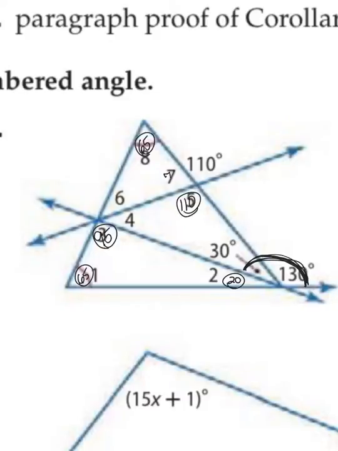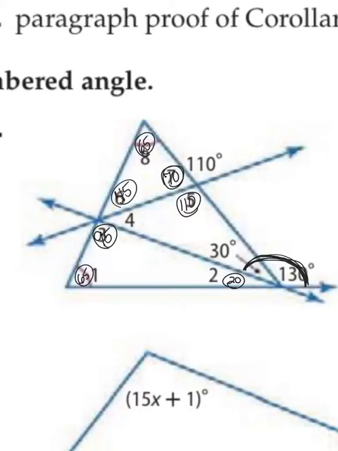And angle 7 is 70 because we've got linear pairs. 65 plus 70 is 135. If I subtract that 135 from 180, I'm going to get 45 degrees for angle 6.